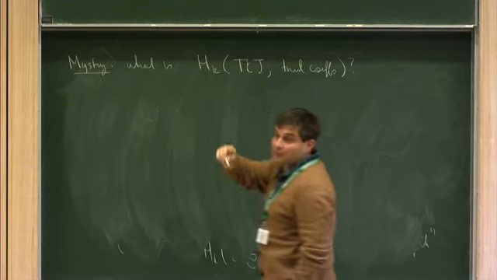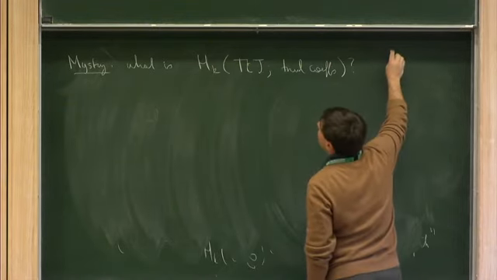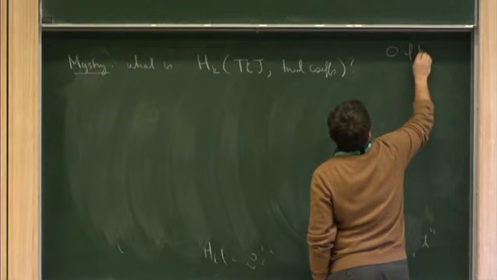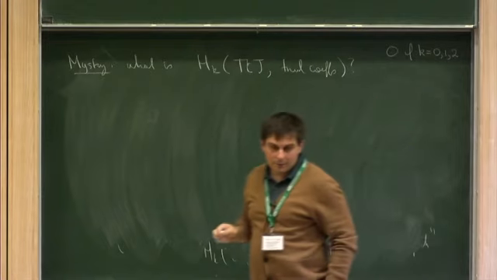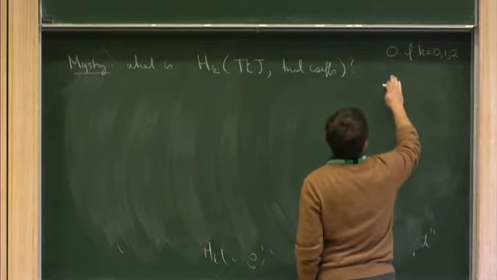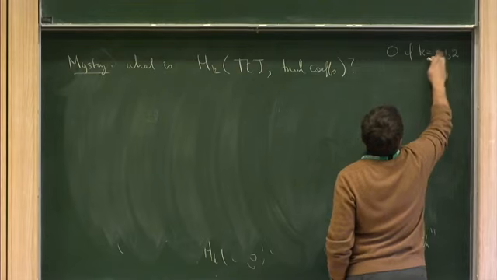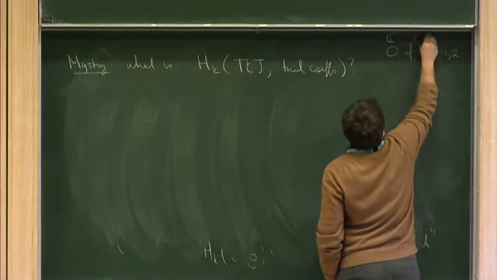And in our paper with Sorin and Stefaan, we were able to prove that this is 0 if k equals 1 or 2, and C if k equals 0.